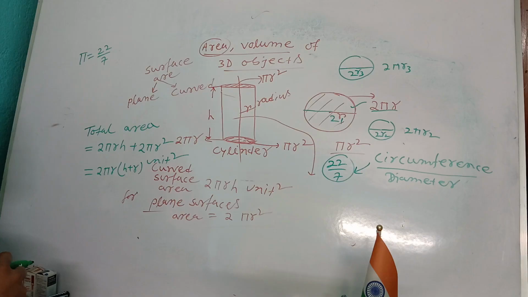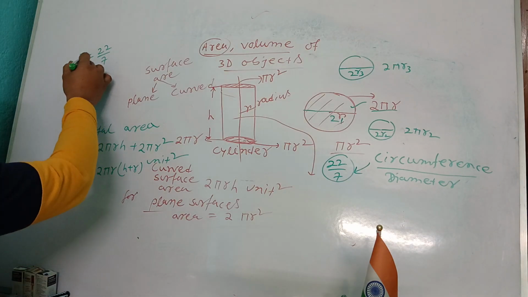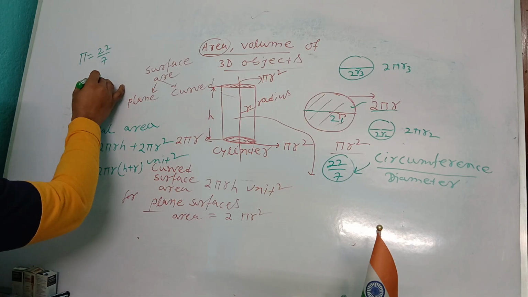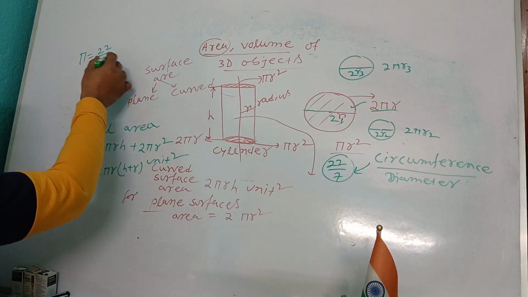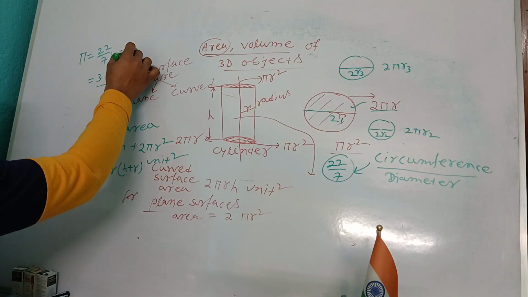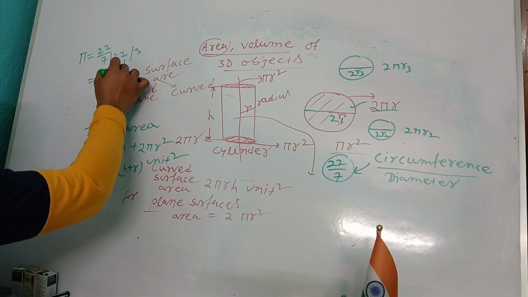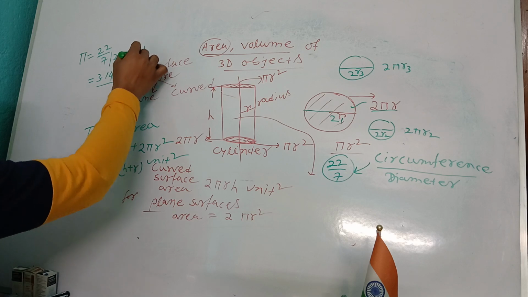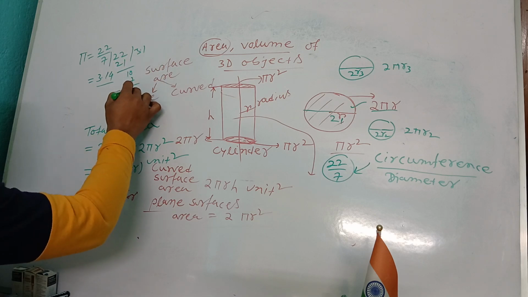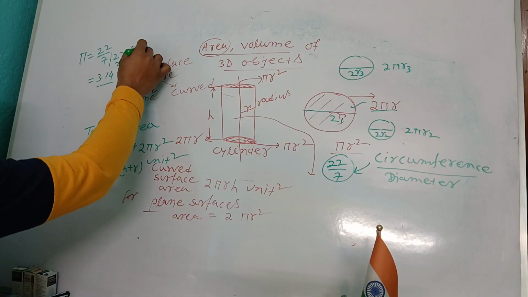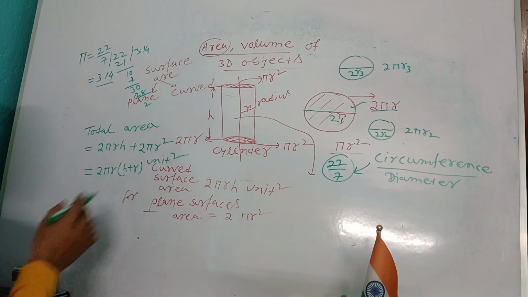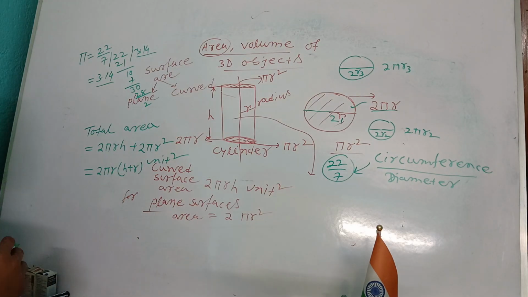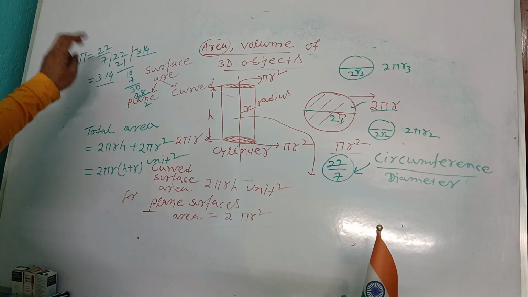Here pi means 22 by 7, or you can say 3.14 up to 2 decimal places. Just divide 22 by 7, 7 3s are 21, remainder 1, then 10, 7 1s are 7, then 30, 7 4s are 28, and so on. Up to 2 decimal places we are taking 3.14.